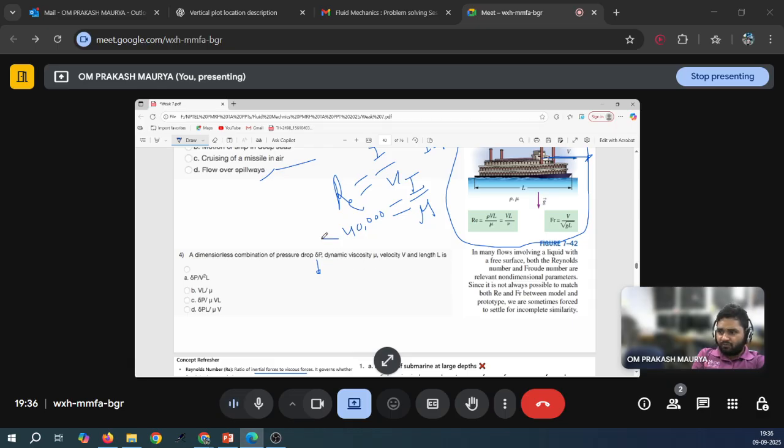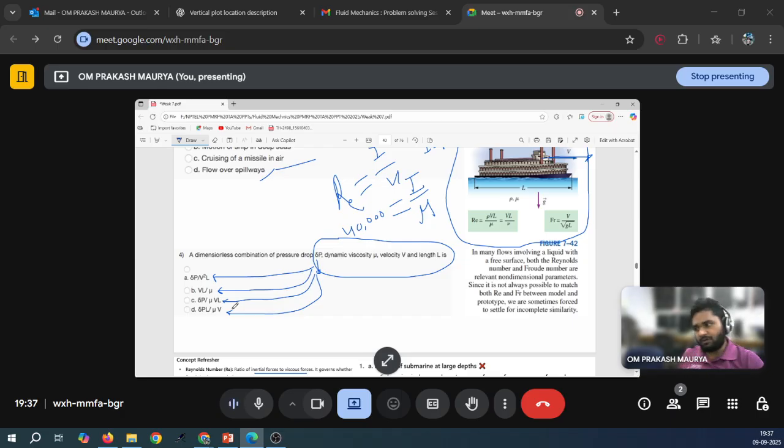Using these four, which combination is possible? Whether delta P by V square, delta P by V square L, VL divided by mu, delta P divided by mu VL, or delta P by mu V. Which option is possible? So how will you proceed?